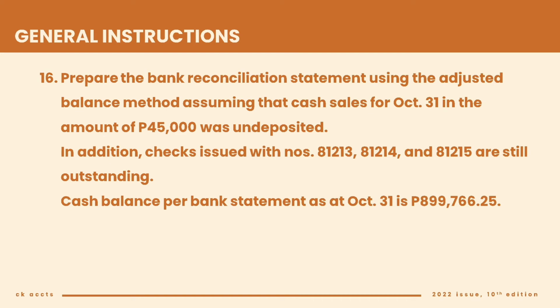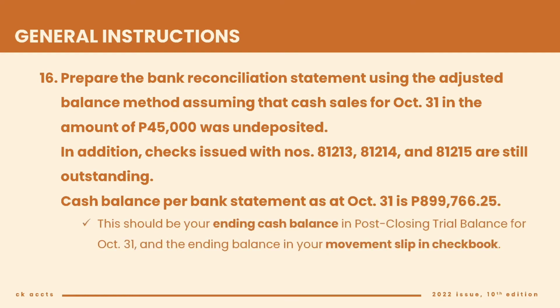So, yung book balance ng cash mo sa libro, dapat 899,766.25 din siya. Kapag natapos mo yung bank reconciliation statement mo, magbabangga dapat sila. Okay? So, this should be your ending cash balance in post-closing trial balance for October 31 and the ending balance in your movement slip and checkbook. So, yan din dapat ang kalalabasan dun sa movement slip mo.